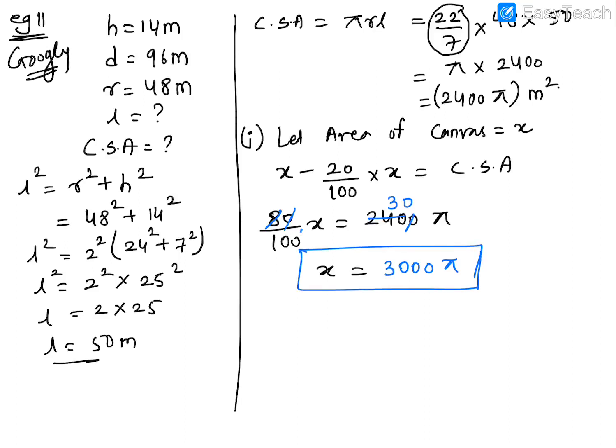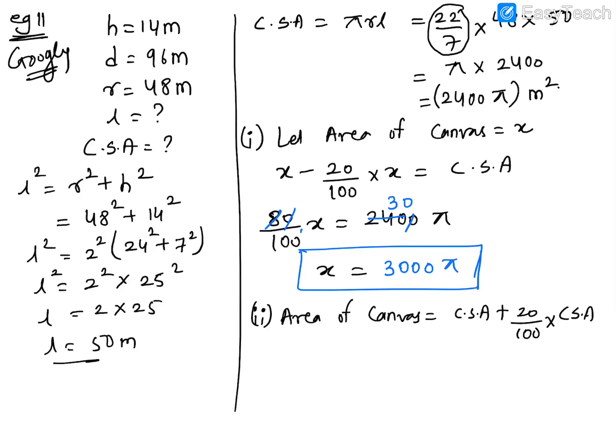Got it? Then the second one. In the second one, canvas used in folds and stitching is 20% of the CSA of the tent. Now they are saying the canvas used in folds is 20% of the CSA of the tent. So in the second part, again, what will be the area of the canvas? It is the curved surface area plus 20% of CSA.